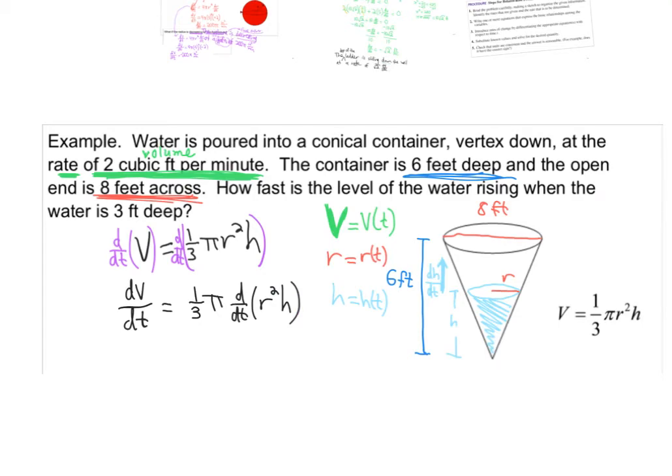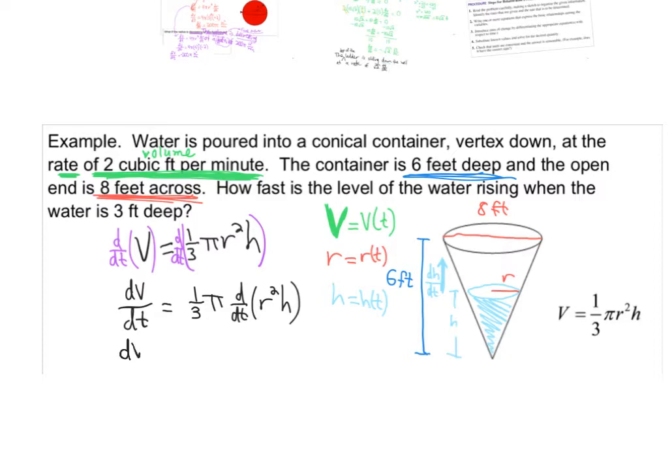All right. Ask yourself for a quick moment, what's about to happen here? Which derivative rule am I going to have to use, given the fact that r and h are both functions of t? Okay, hopefully you said product rule.